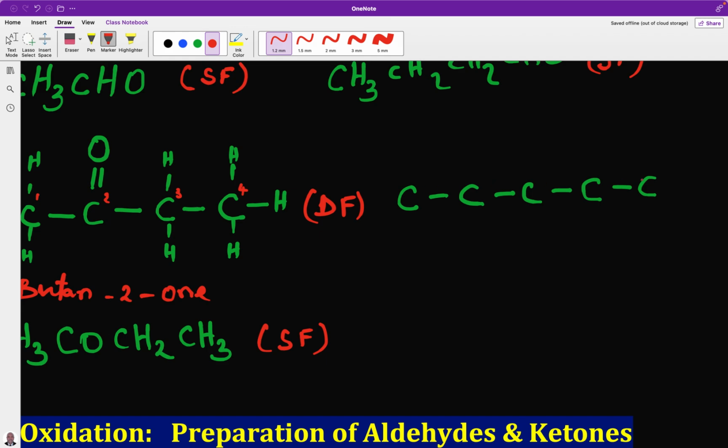From this end, or from this end, this is 3. This is 1, this is 2, and this is 3. So now we take this to be our position of oxygen. So that is 1, 2, 3, 4, 5.